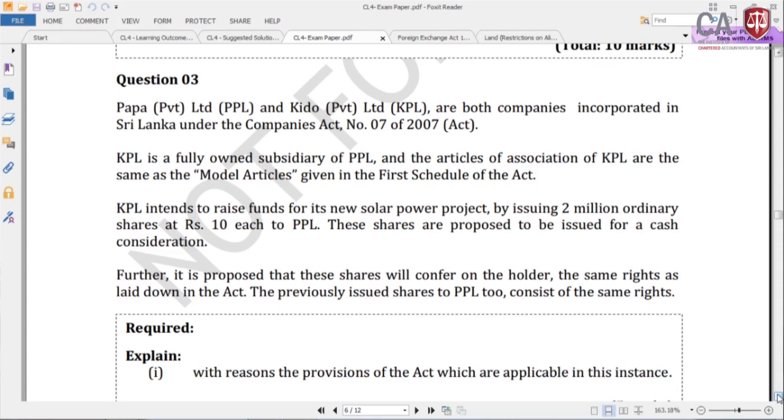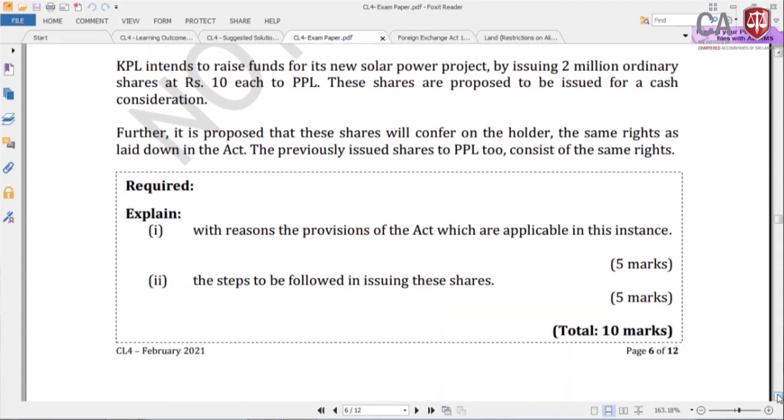The previously issued shares, which Kiddo as a subsidiary has issued to Papa, the holding company, consist of the same rights. Now, explain with reasons the provisions of the Act which are applicable in this instance.